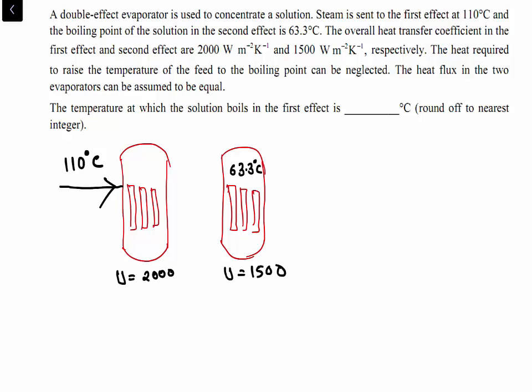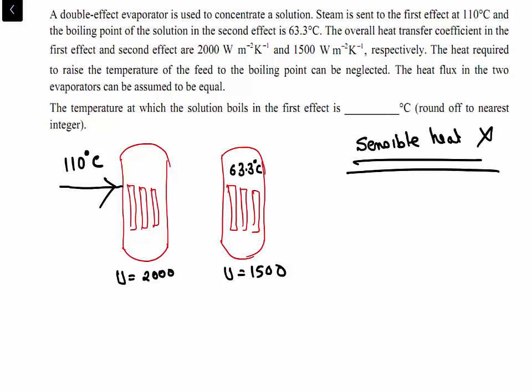The heat required to raise the temperature of the feed to the boiling point can be neglected. That heat is known as sensible heat, so sensible heat is neglected.